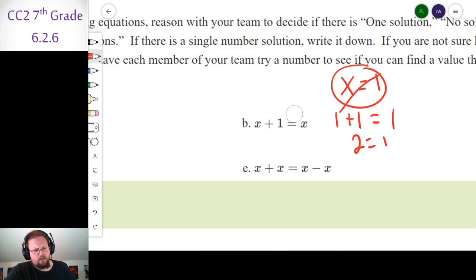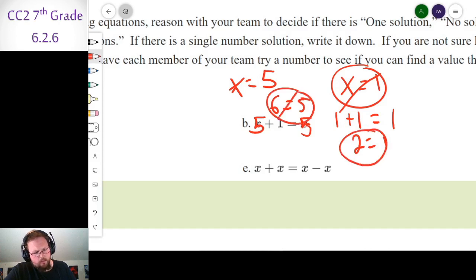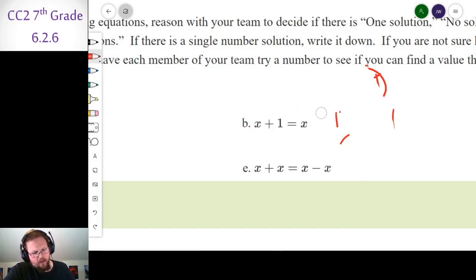Let's try x equals 5. Well, 5 plus 1 is equal to 5? That says 6 equals 5, and that's not true. So in this case, is there a number that you can plug in that will make x plus 1 equal to x?